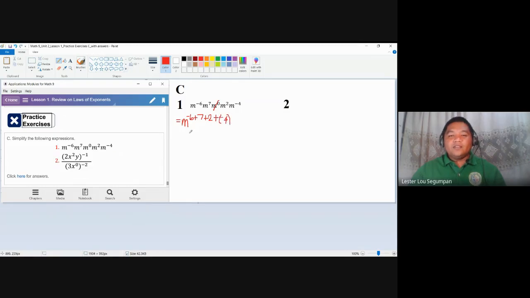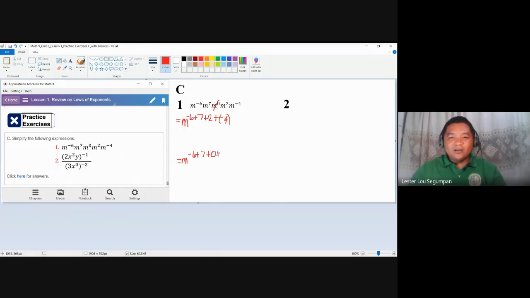If you are not going to simplify m to the power of 0 as 1, this is your second method. M to the power of negative 6 plus 7, plus 4, plus 2, plus 0, not plus 1, because m to the power of 1 is different from m to the power of 0. The whole quantity is 1, not m to the power of 1.